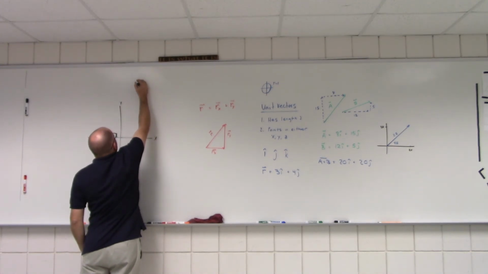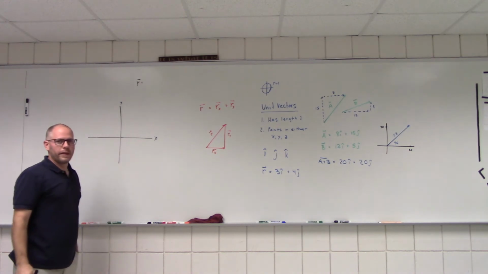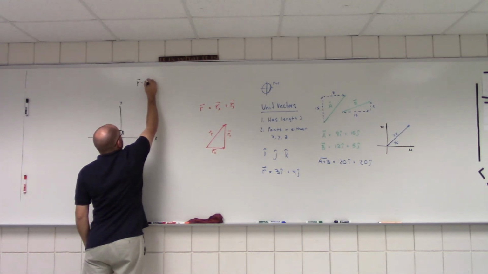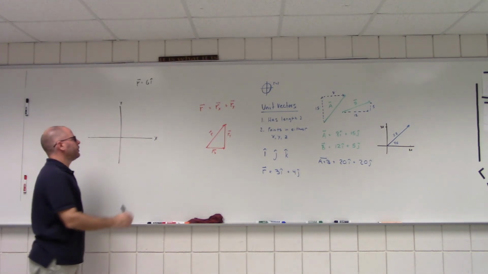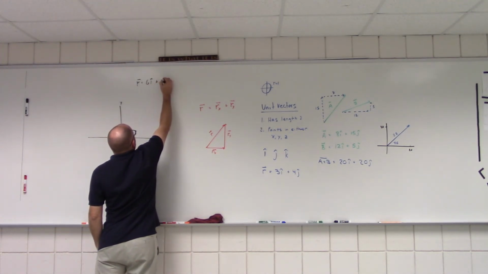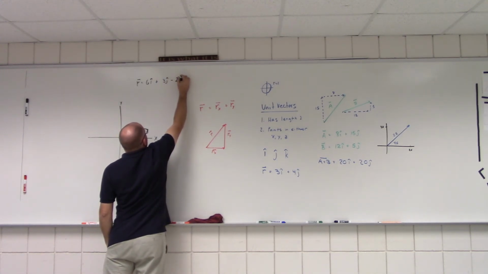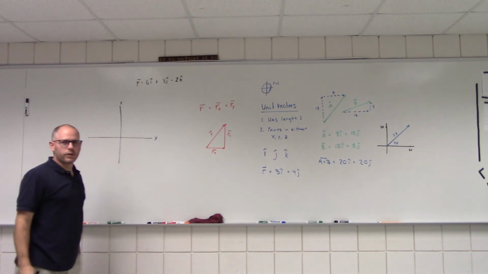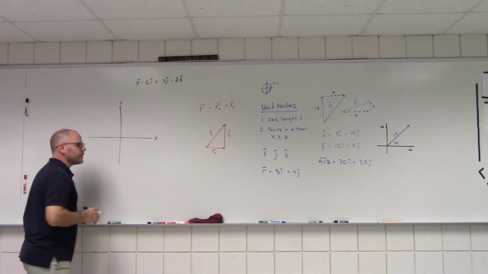Well, that would be an R vector for this point. That would be 6 in the i direction plus 3 in the j direction minus 2 in the k direction. So where is that? If this is x and this is y, where's the z?